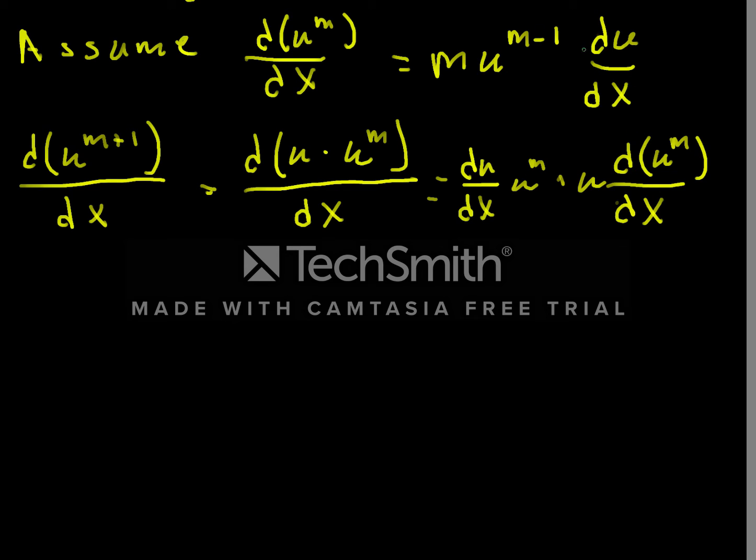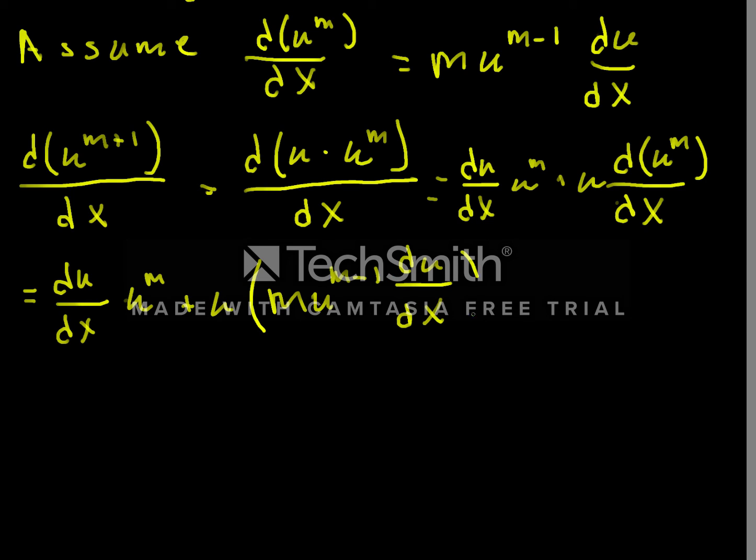And now from this assumption, we know what that derivative is. So this is du/dx times u to the m plus u times m u to the m minus 1 du/dx. This u comes in, increases this power by 1, so they agree.